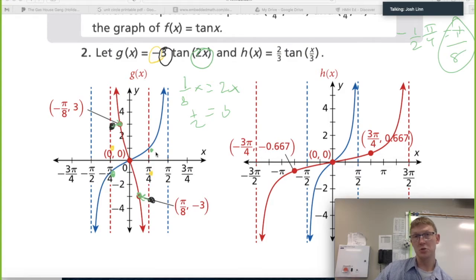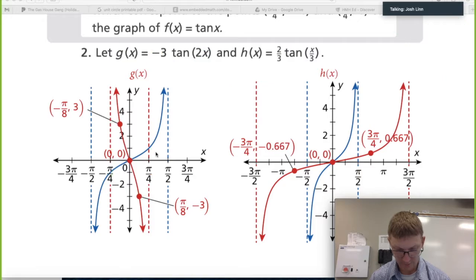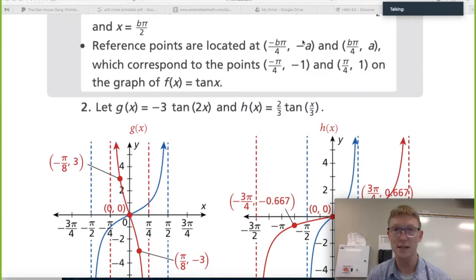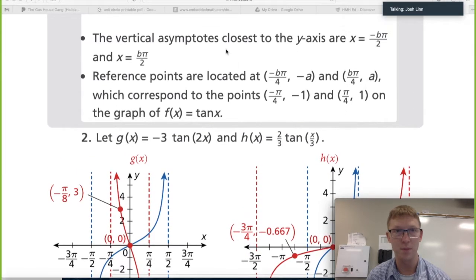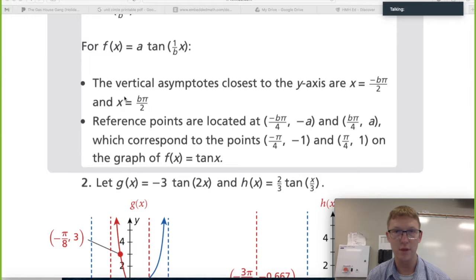So there's two ways that you can think about this. Same thing with all of our other transformations that we've been dealing with. You can think about it as vertical and horizontal stretches, or you can think about it as, I need to remember these three equations.